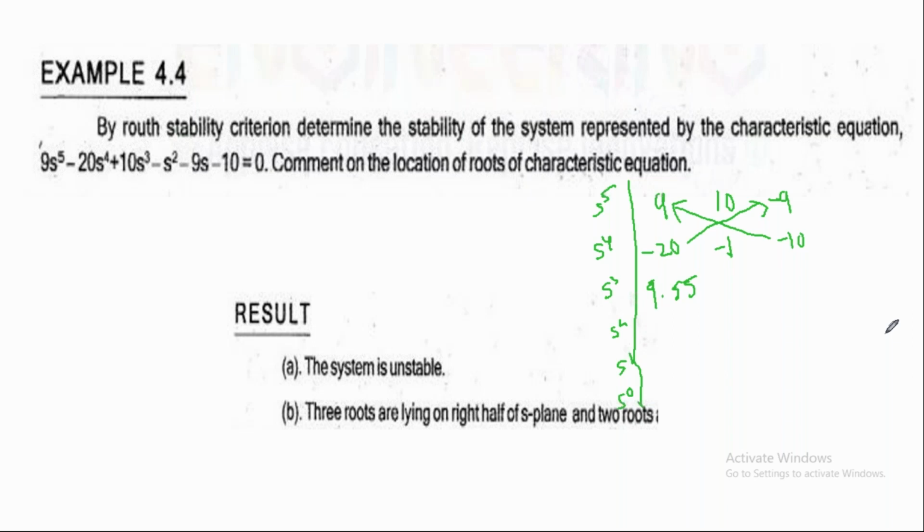Minus 20 into minus 9, minus of 9 into minus 10, divided by minus 20. So minus 13.5, and the remaining is 0.